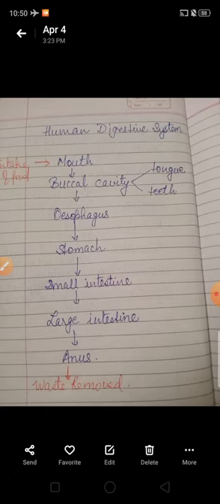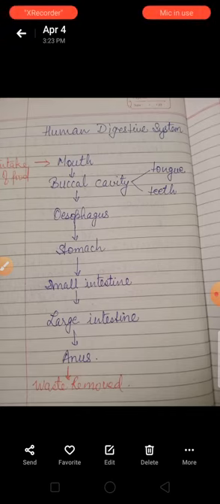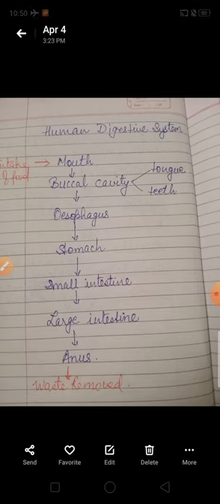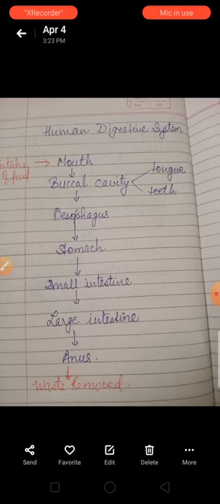Now, what are these juices? These juices are enzymes. Again I'll tell you, at various steps juices are secreted, and these juices are enzymes, and the enzymes help in breaking down complex molecules into simpler molecules.